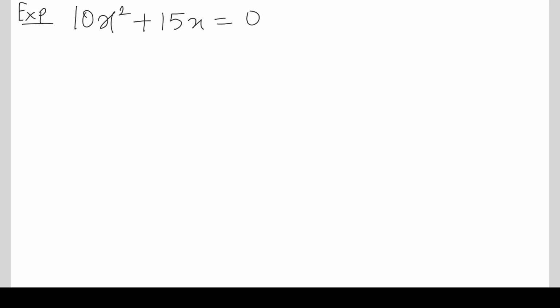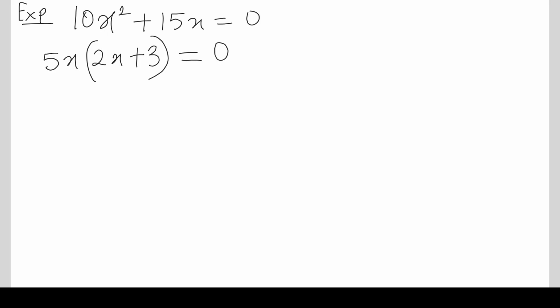So the first thing we need to do is also factorize. 5x is common, so we have 5x into bracket: 5x in 10x squared gives us 2x, then plus 5x in 15x gives us 3, because 5 in 15 is 3, x in x is 1. So we have factorized into two factors multiplying themselves equal to 0.